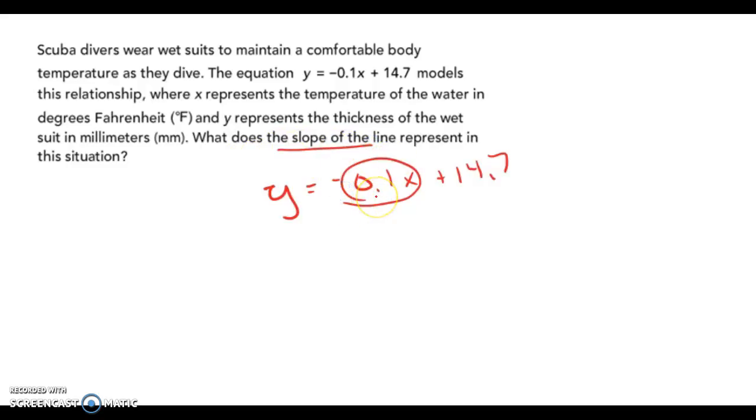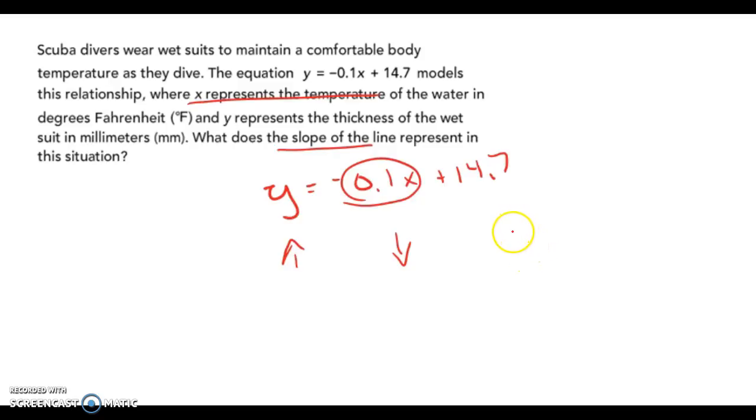So we want to know, what does this mean if the x is the temperature of the water and the y is the thickness of the wetsuit? So it has a negative slope, which means as the temperature goes down, then the thickness of the wetsuit is going to need to go up.